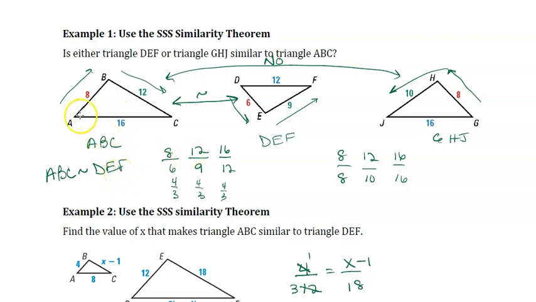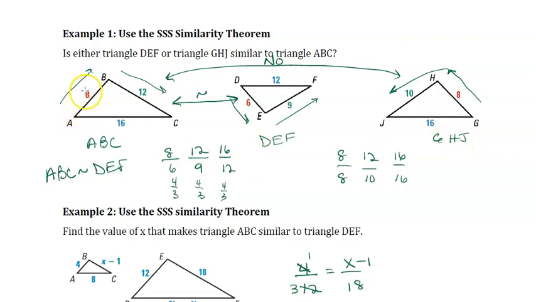Because I have identical ratios, I can say that these two triangles, ABC and DEF, are proportional. And then you have to make sure that you write it the same way. So I went ABC, smallest over medium, and then DEF, smallest, and then medium. So this is my similarity statement, and this is what allows me to make that statement. Okay, next they wanted us to test the first triangle, ABC, and this other triangle, which we'll just call GHJ.